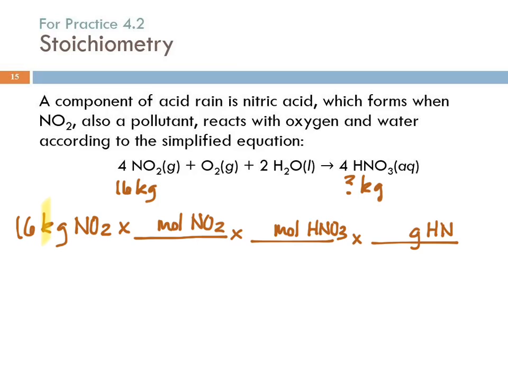Grams of HNO3. But it's kilograms. There's our kilogram that we're ignoring. We're trying to find kilograms here. So again, ignoring the kilograms, we'd have grams of NO2 down here, and moles of NO2 down here, and moles of HNO3 down there.